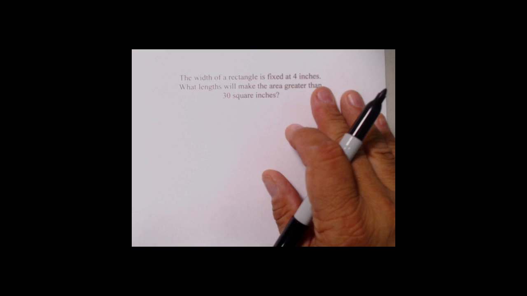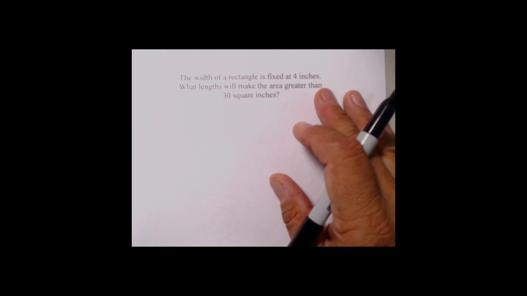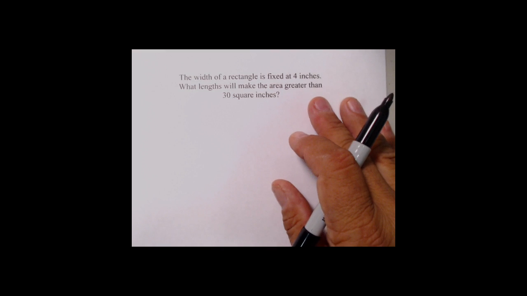Well, a lot of real life world situations are really inequalities more so than equations. That last one was a good example. Here's one that's geometric in idea, and here's what we're doing with this one. It says the width of a rectangle is fixed at 4 inches.